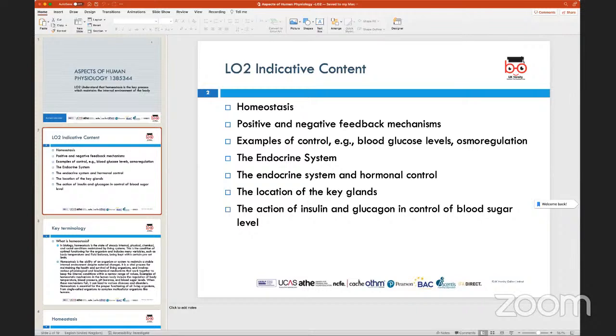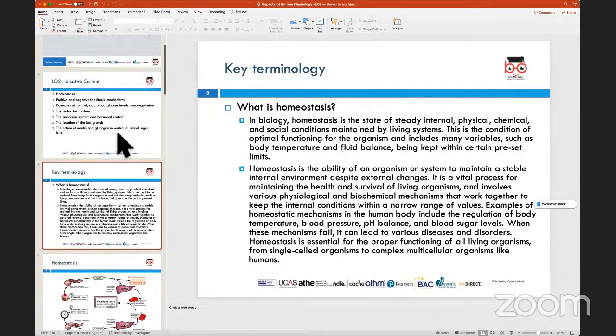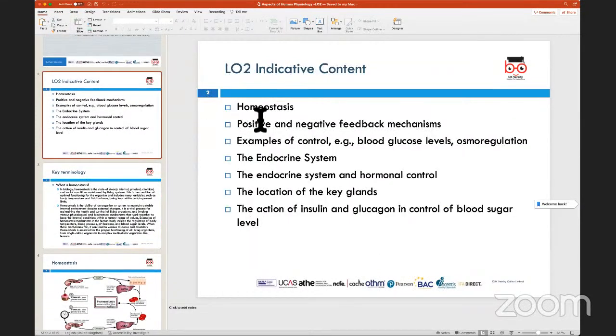Now, homeostasis is considered fundamental to the survival of organisms, and for organisms like human beings to live in an optimal environment. When we talk about homeostasis, I'll go into a bit of detail because this particular learning outcome will discuss homeostasis in detail, and then we'll relate it to our endocrine system, which basically controls all the basic secretions of hormones and chemicals within our body.